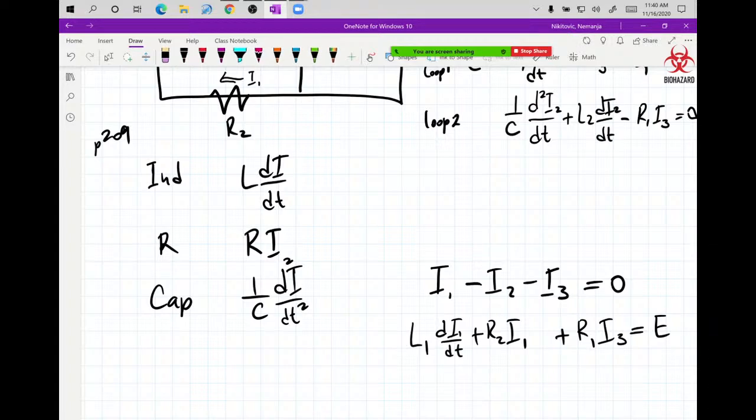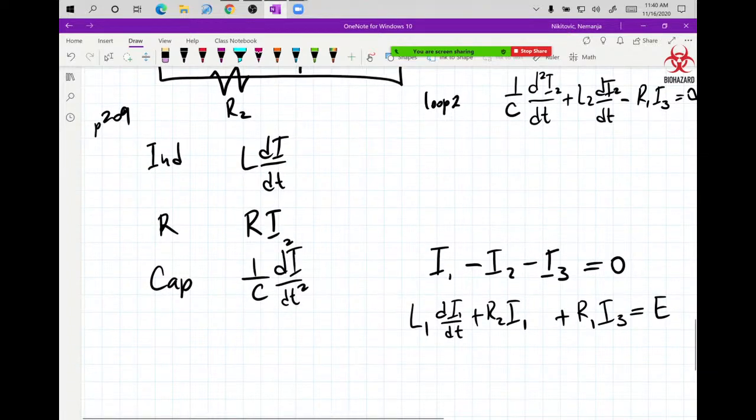Okay, cool. And from the loop 3 you have, and this is where your second order differential equation kicks in. So here's your d squared I2 dt squared, and then, oh, that's I2. Do I have I1? No, I don't have I1. Okay, good.